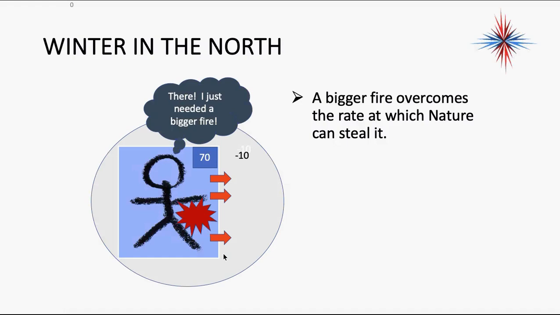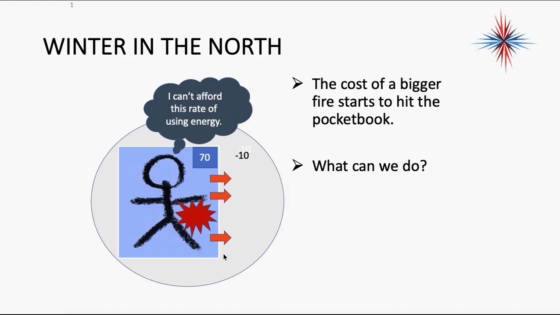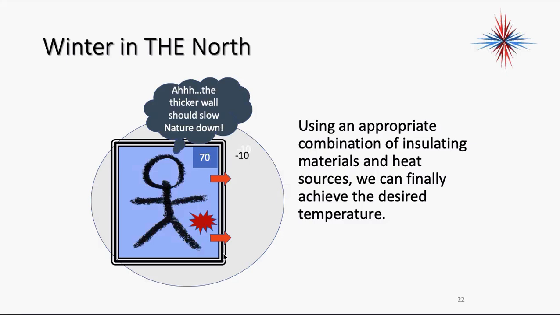Now there's another way to deal with this also, and that is you can put better insulation in. You build a double-walled cardboard box with insulation. I can keep my heat source small, and I can use a combination of insulating materials and heat sources, and we can achieve a desired temperature. The thicker the wall, the more it slows down the heat transfer.